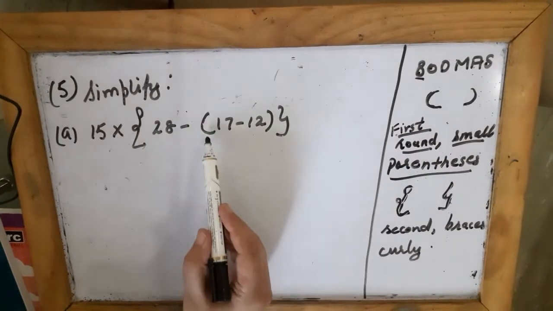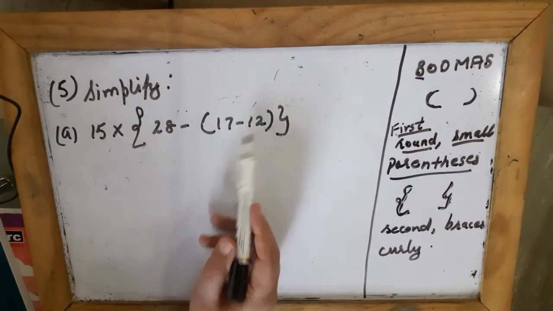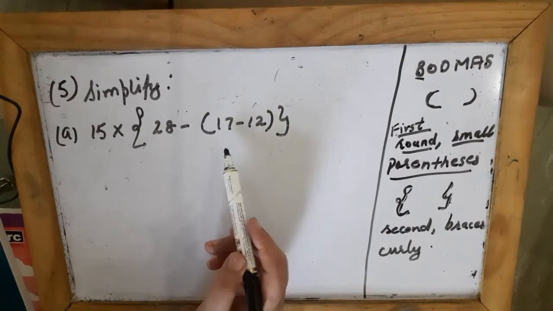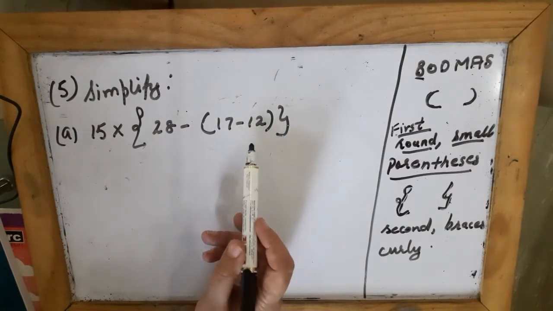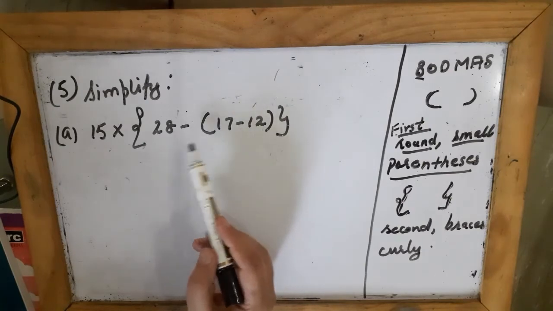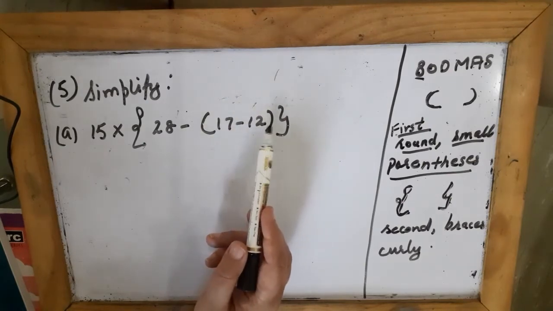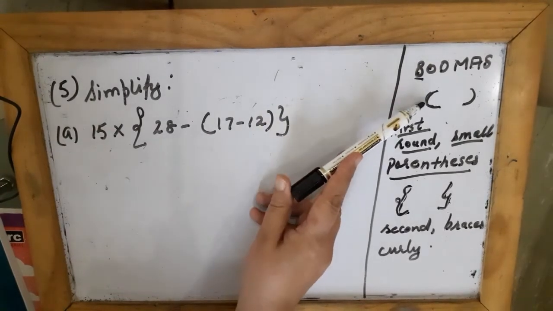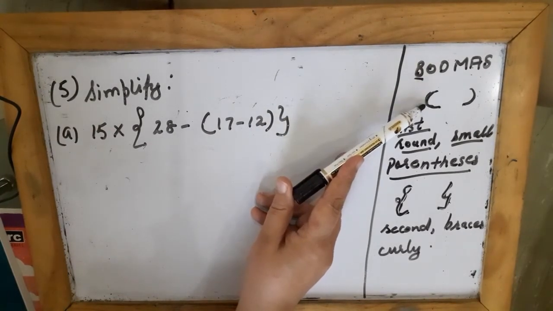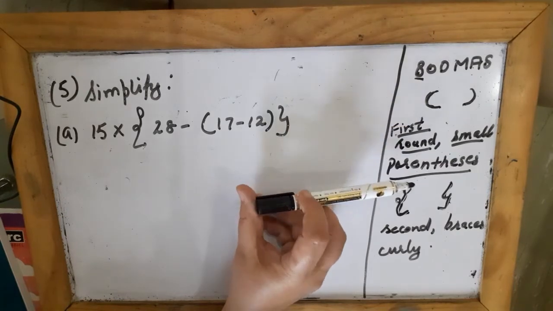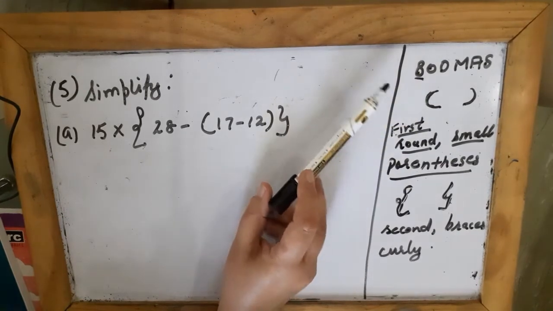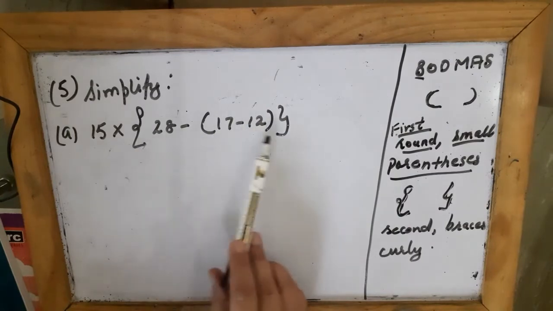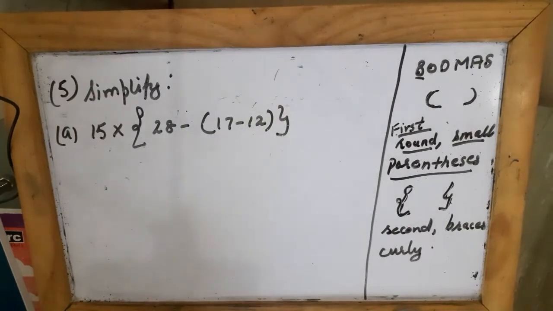Now in what sequence do we solve them? When you have more than one bracket, first we solve the small or round bracket, and then we solve the curly bracket.